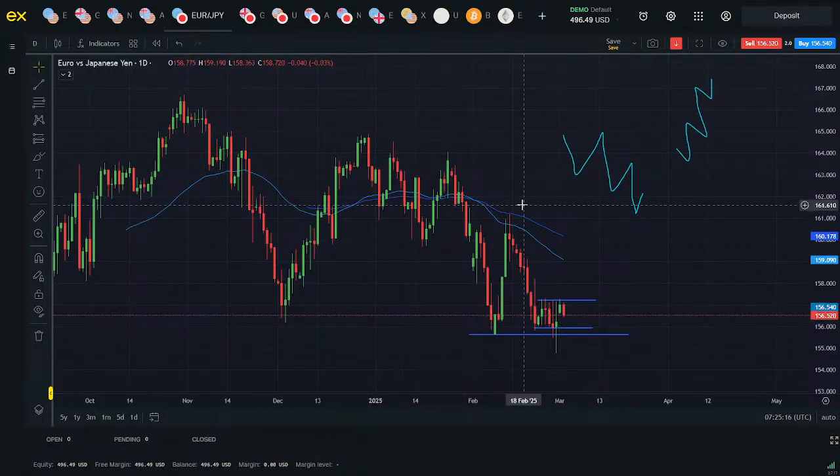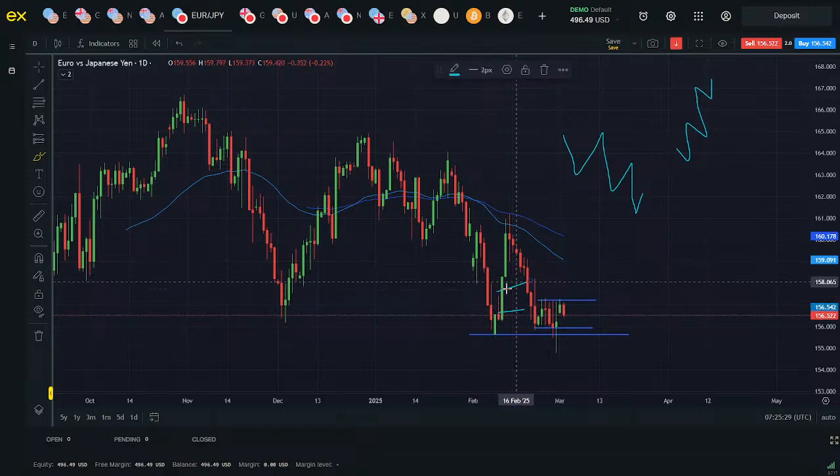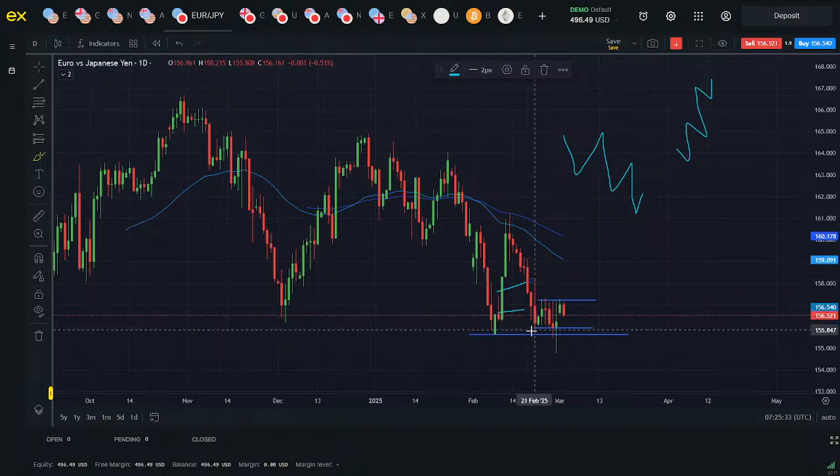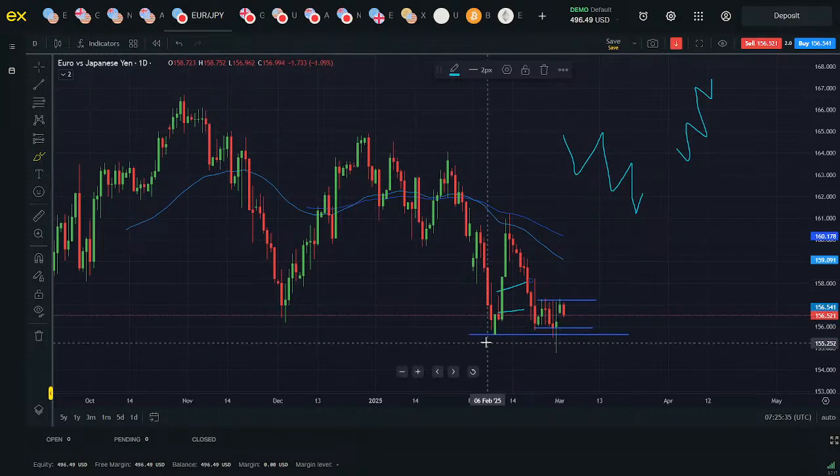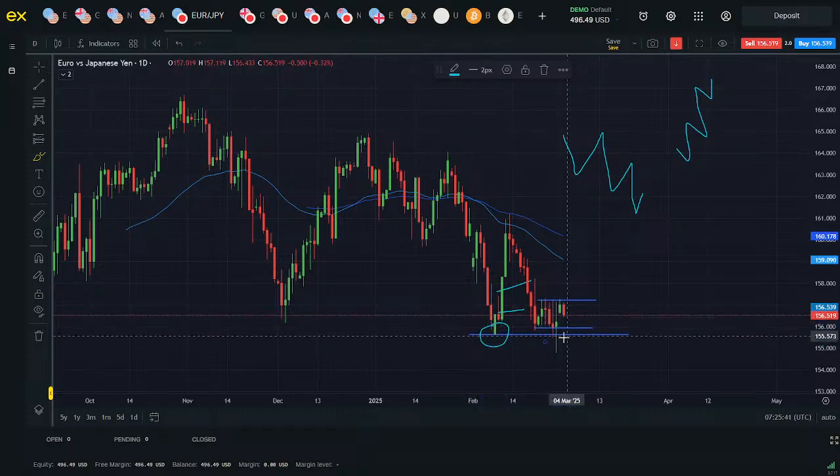See, the market has rallied up, and whoever might have bought from this particular point, or let me show you some marking, whoever might have bought from this point or this very point, thinking yeah, let's buy, the market has come down to take all their SLs. The market has even come down to take the SLs of those who were sitting on this very point also.